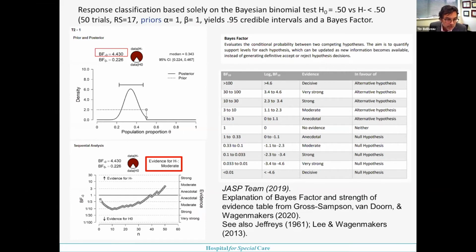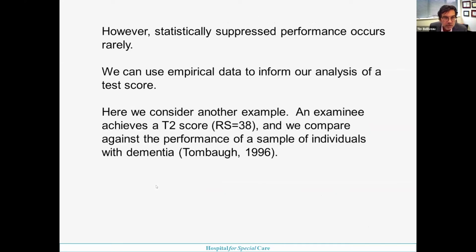On the bottom, we have a sequential analysis, which nicely shows us for each item on the test, does that response trend more toward the null hypothesis or the alternative hypothesis? So in this example, I've put in scores for an individual examinee that are trending toward correct responses, and then at some point during the test, trend the other way toward the alternative, toward answering the items incorrectly.